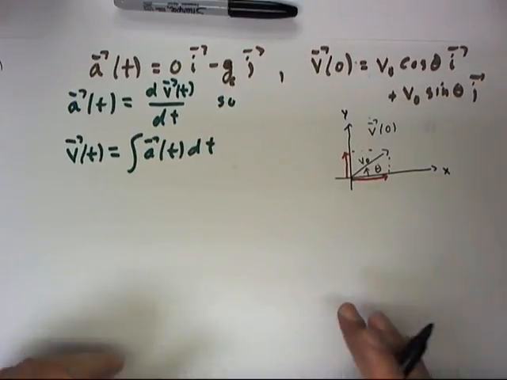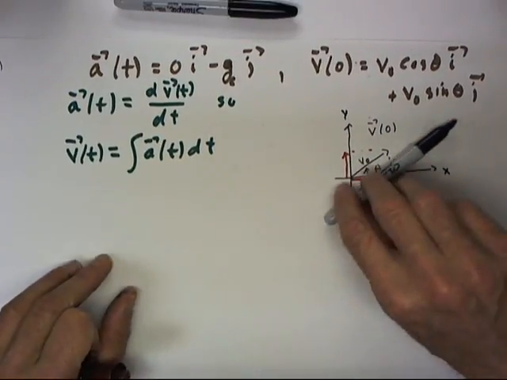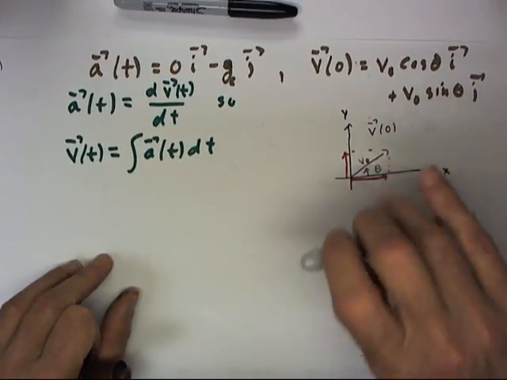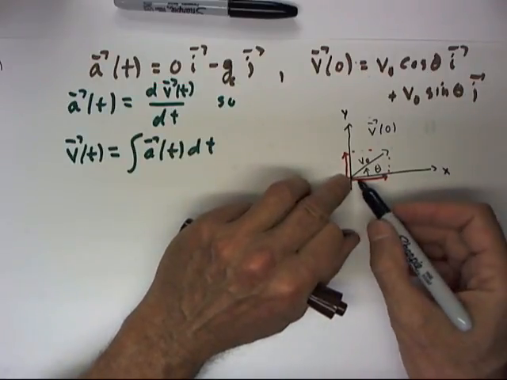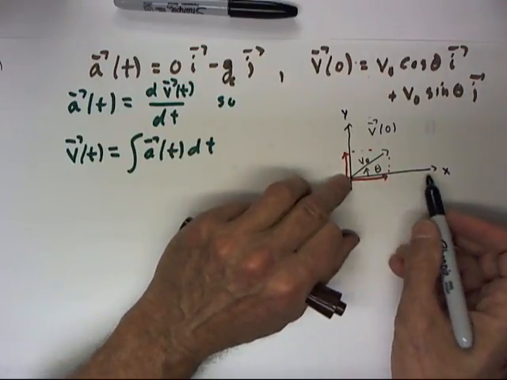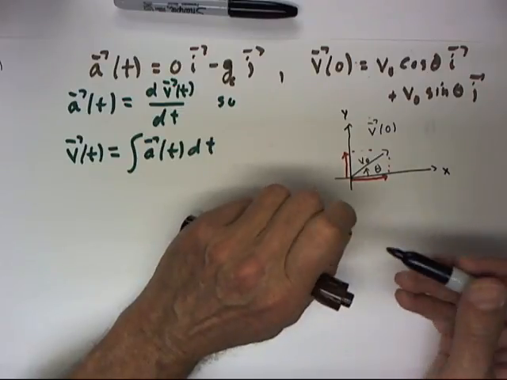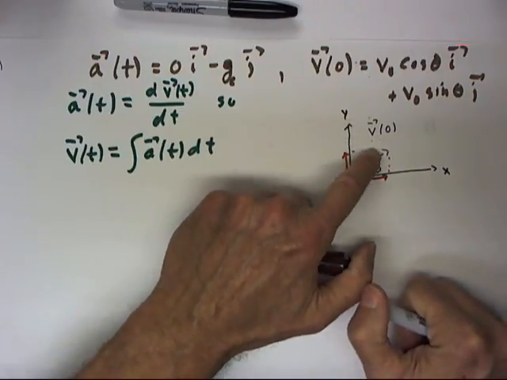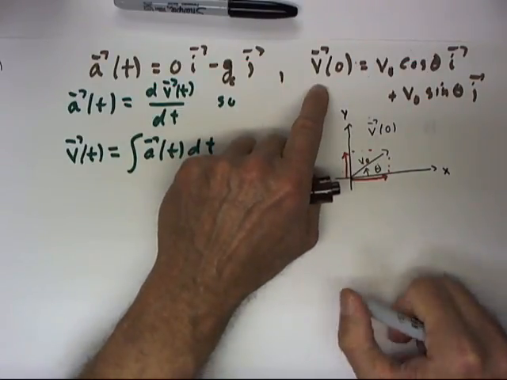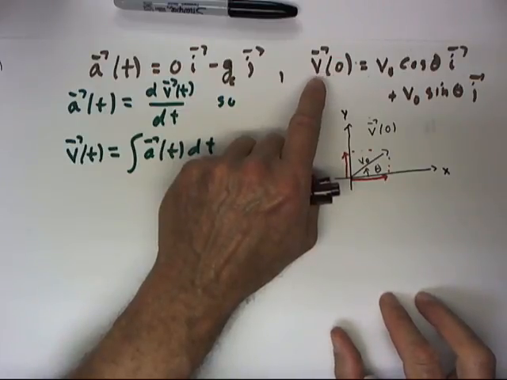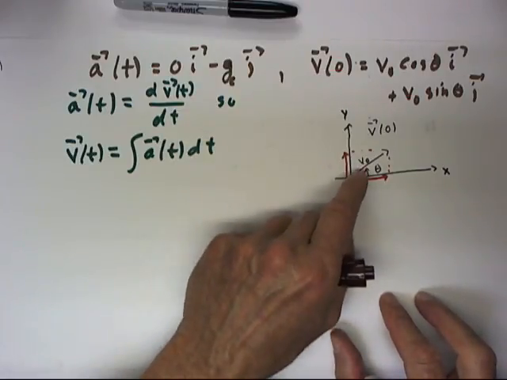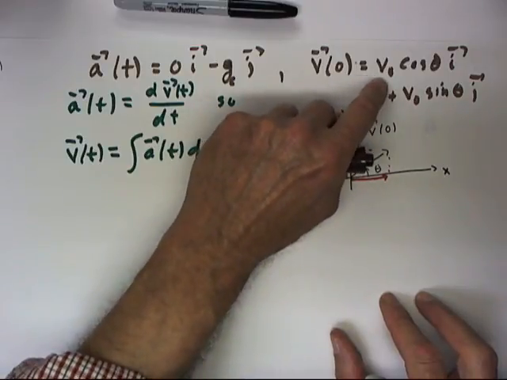But we can understand that if I start a ball off with a velocity v naught in a direction that makes some angle with the x-axis, then that velocity can be expressed as a vector, which I'll call v of 0, and v sub 0 is just a scalar.